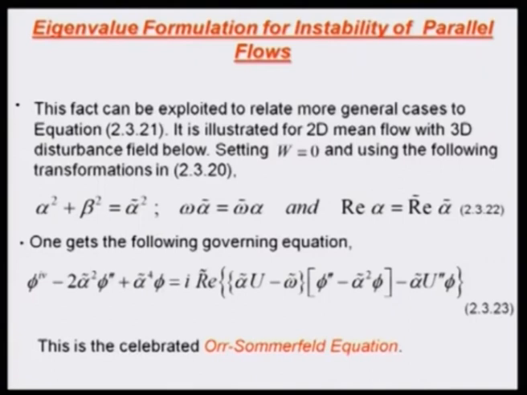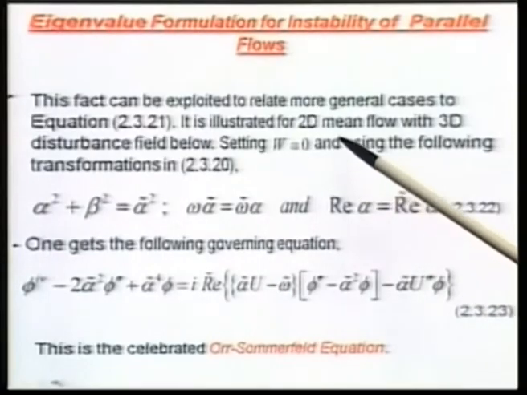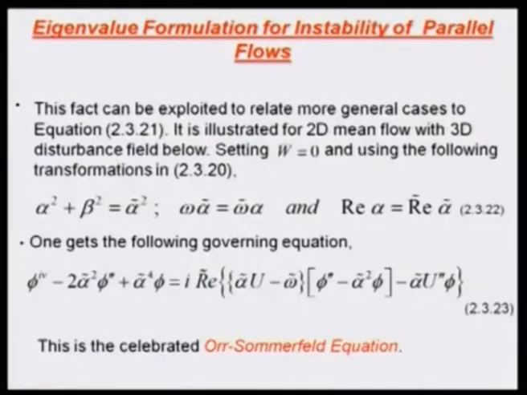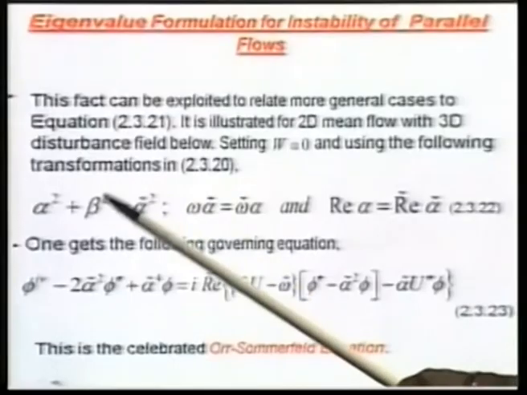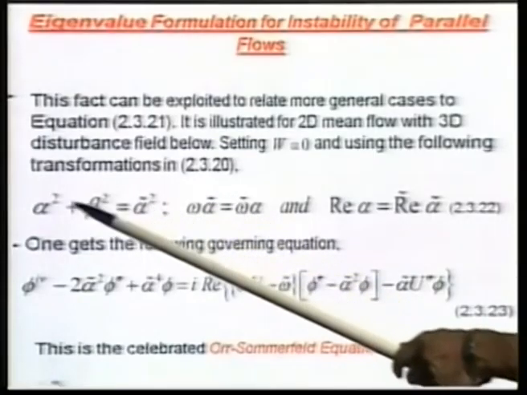So, let us say we are studying a 2-dimensional mean flow, then we can set capital W equal to 0 for the mean flow. It is in the streamwise direction given by u, and then we will define some kind of a transformation. Never mind that alpha and beta are complex, we still can define alpha tilde square as the sum of these two.